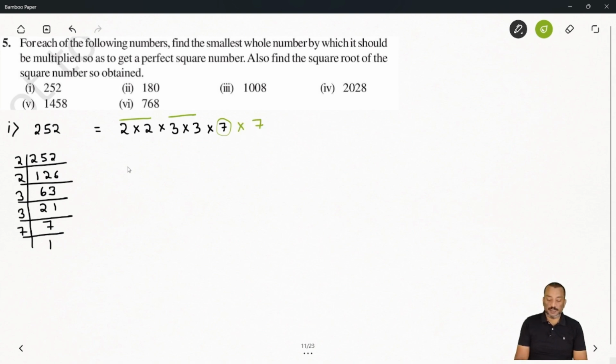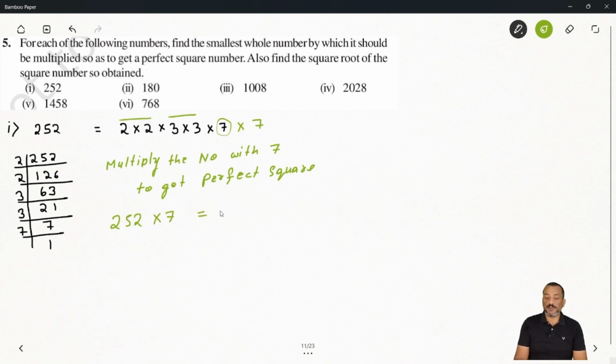So we multiply the number with 7 to get a perfect square. Now we can multiply 252 with 7.